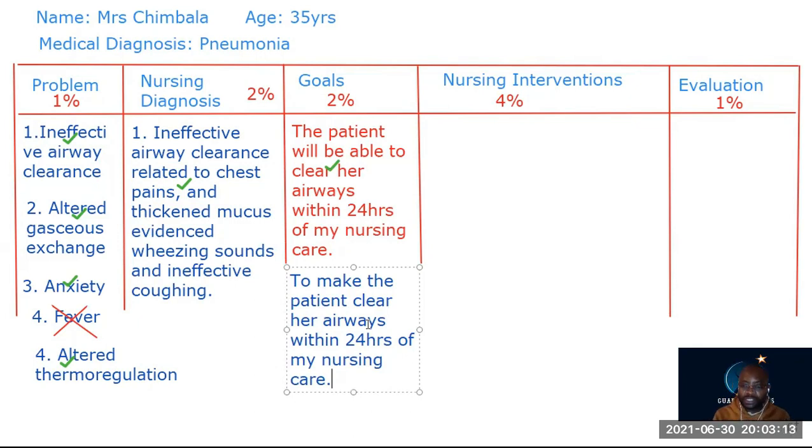It's not patient-centered, meaning you are isolating. You are actually being selfish, focusing more on yourself than the patient. So these two both sound okay, but the second one is wrong. You should not write your nursing goal like this.